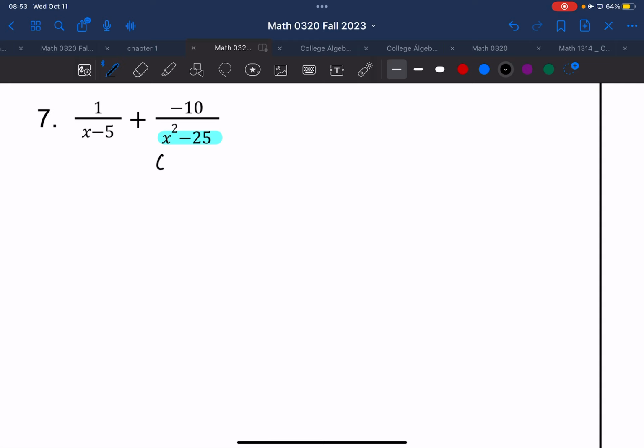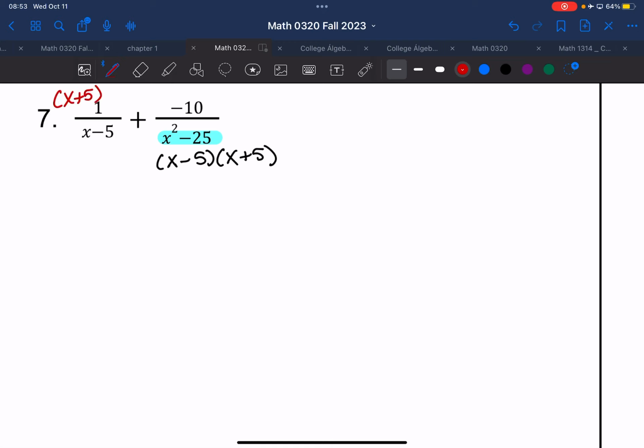So I'm going to have an x minus 5 and an x plus 5. So now knowing that this factors to x minus 5 and x plus 5, what is that first fraction missing? X plus 5. So what are we going to multiply that fraction by? X plus 5, top and bottom.